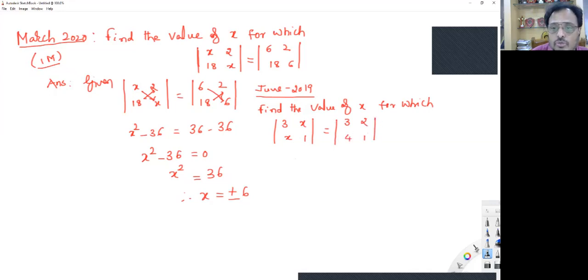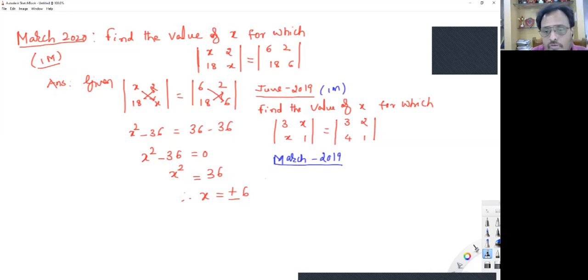Next, sorry, that was June 2019. Now we'll go for March 2019. March 2019 question paper. See, every year a 1 mark question is confirmed. This is also a 1 mark question, a small question every year.